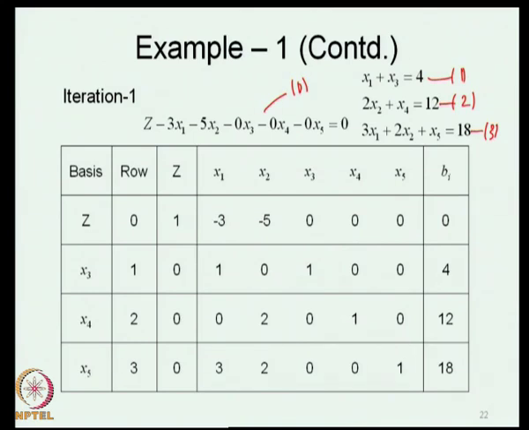I repeat, the answer to the question whether the current solution is optimal lies in the coefficients of z in the 0th row. If you have at least one coefficient which is negative in this particular format of solution, that means that the solution can be further improved and therefore, this solution is not optimal.